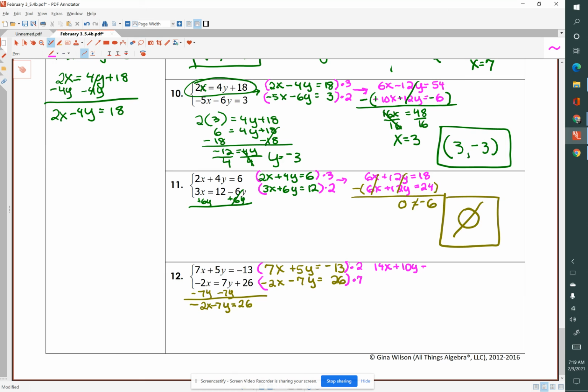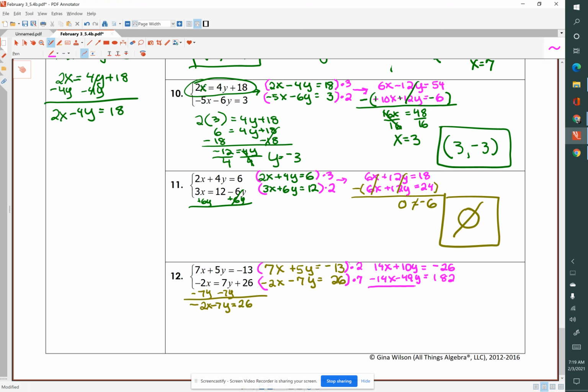And 2 times negative 13 is negative 26. 7 times negative 2x is negative 14x. 7 times negative 7y is negative 49y. And 7 times 26 is 182.